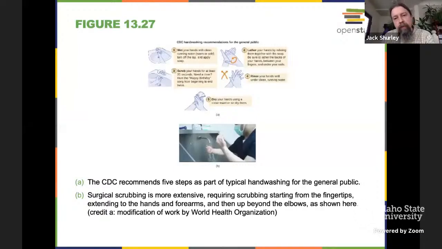I assume when you looked at the hand washing stuff, and we did it a little bit different than some of the labs before, you probably saw organisms before the soap and water and after.